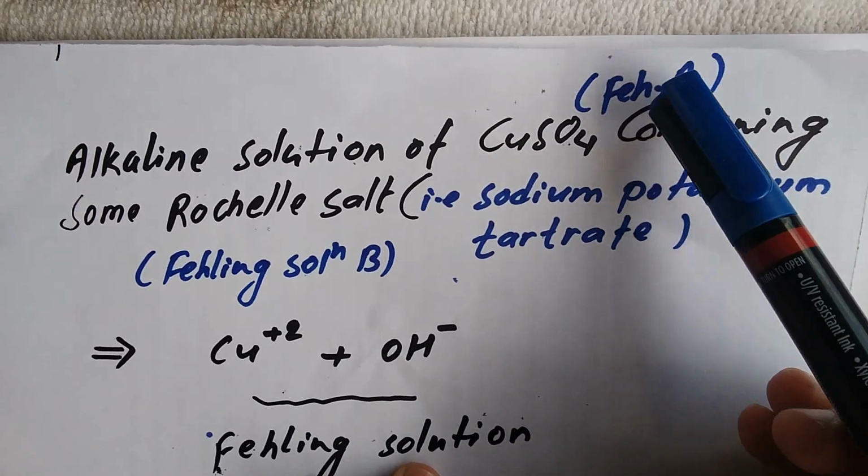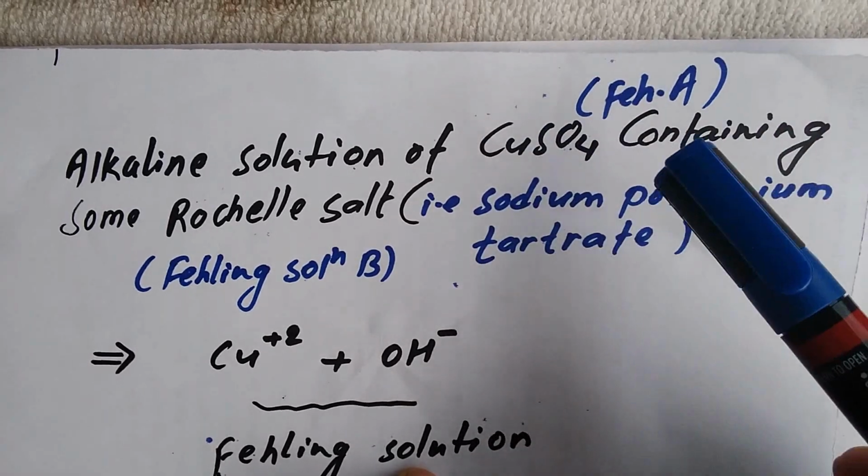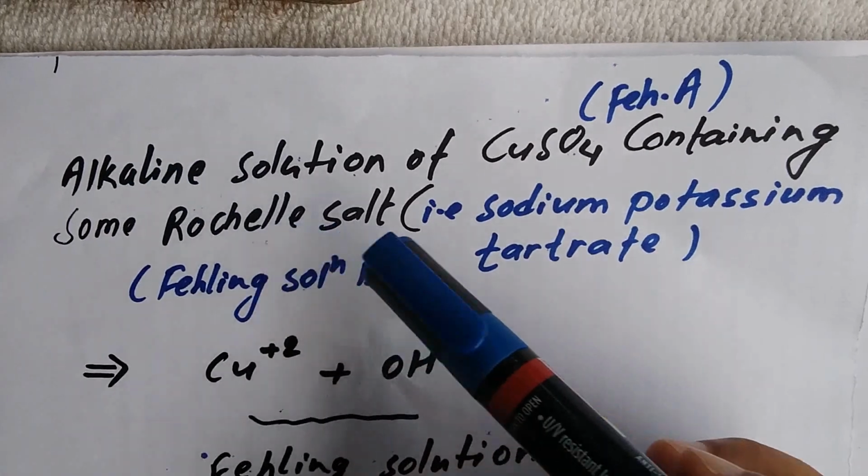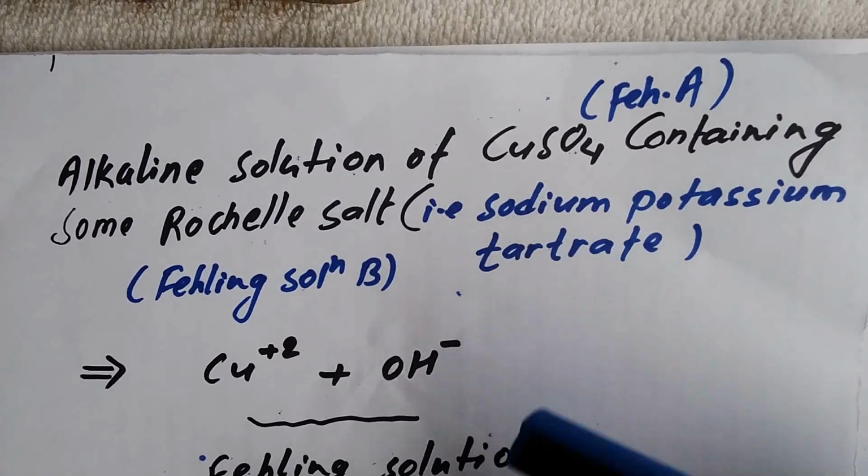In Fehling solution A there is a copper sulfate solution, whereas in Fehling solution B, Rochelle salt with alkaline solution, which is called sodium potassium tartarate.